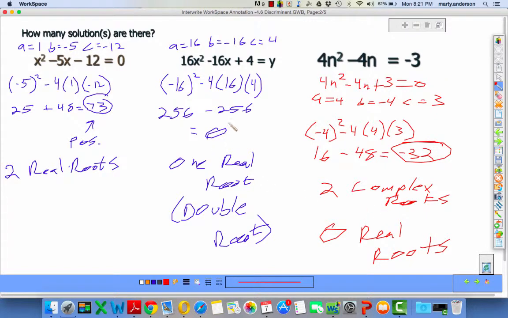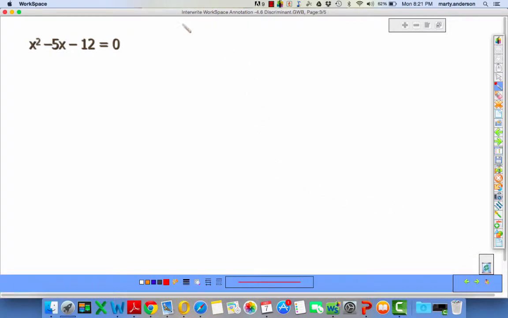So how do we utilize these answers to our advantage? Things get actually a little bit easier here, because I already know for this first one, I already found b squared minus 4ac was equal to 73. Well, watch how quickly this goes. x is equal to negative b plus or minus the square root of b squared minus 4ac.